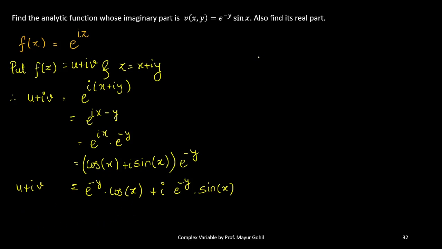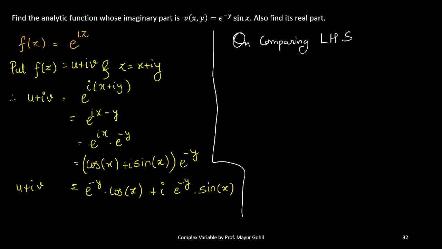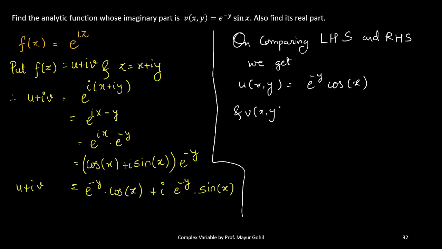So therefore we can write here like this: on comparing LHS and RHS, we get u(x, y) is equal to e to the power minus y cos of x, and v(x, y) is e to the power minus y sine x.